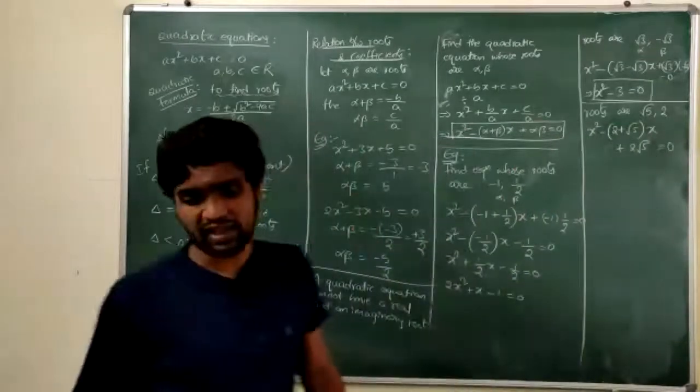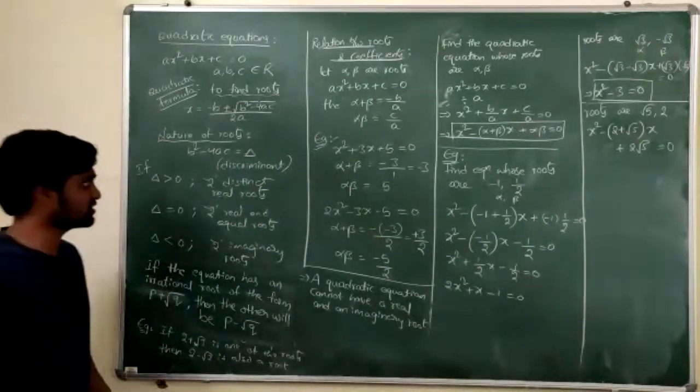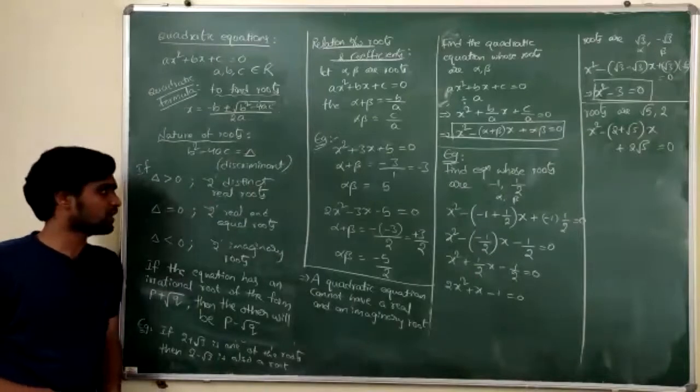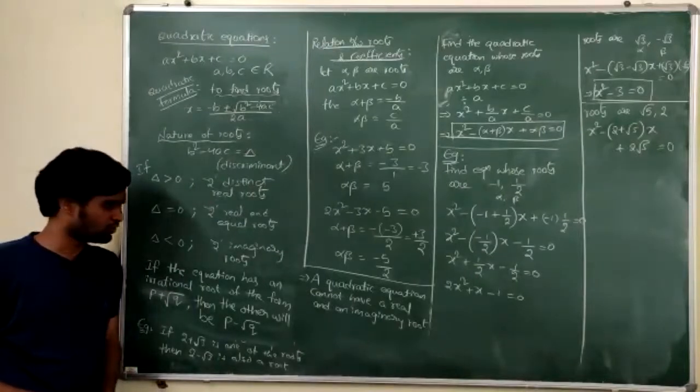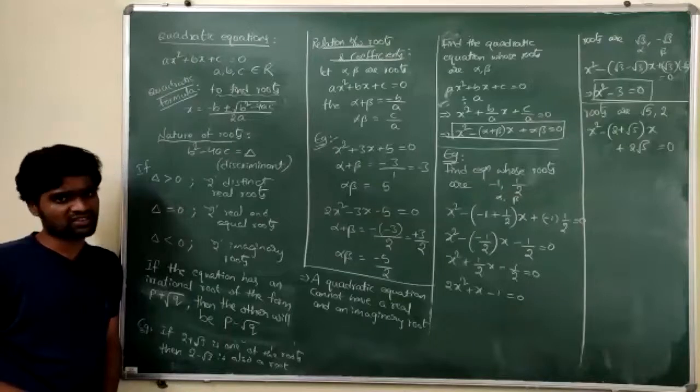Delta is greater than 0, so the equation will have two real and distinct roots. Delta is equal to 0, two real and equal roots. Delta is less than 0, then two imaginary roots.